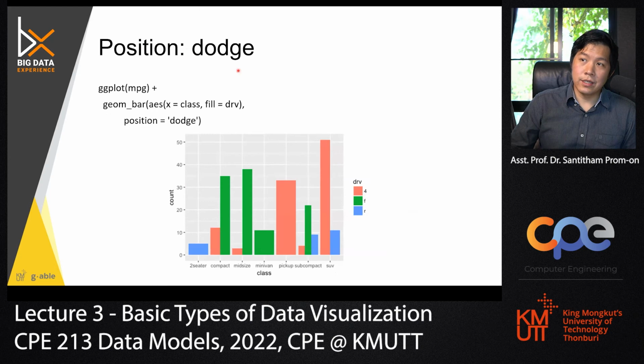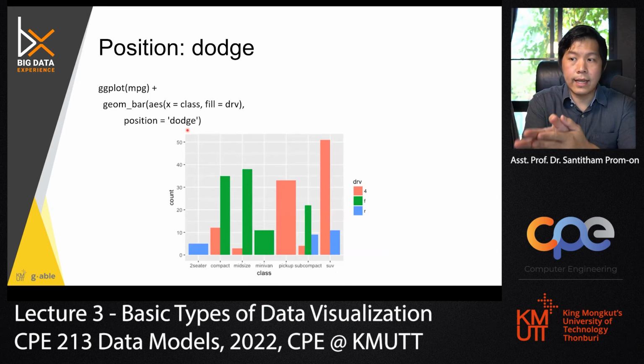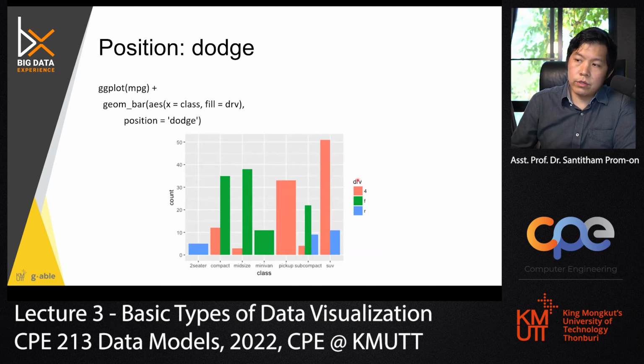Position dodge and position stack. Position dodge would create what is called a side-by-side chart. If I use position dodge, it would show the graph, because I say that fill equals drv here, right?